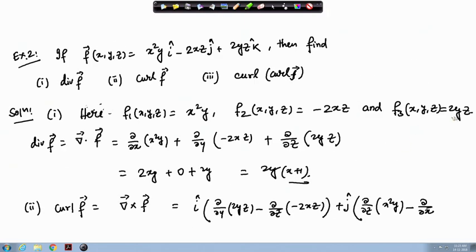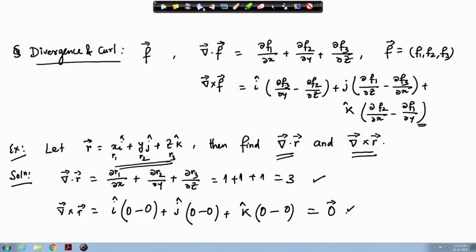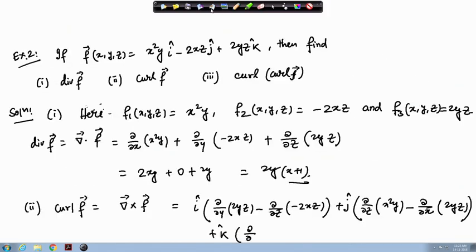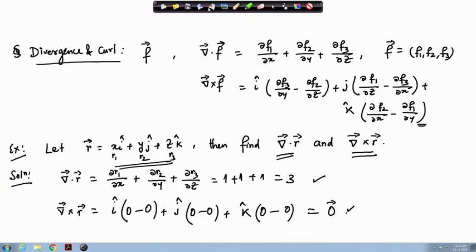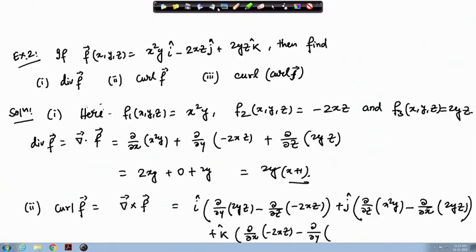So, del x of f3 is basically 2 y z, all right, and then k times del x of f2. So, del x of f2 is minus of 2 x z, minus del y of f1. So, del y of f1 is x square y, all right.